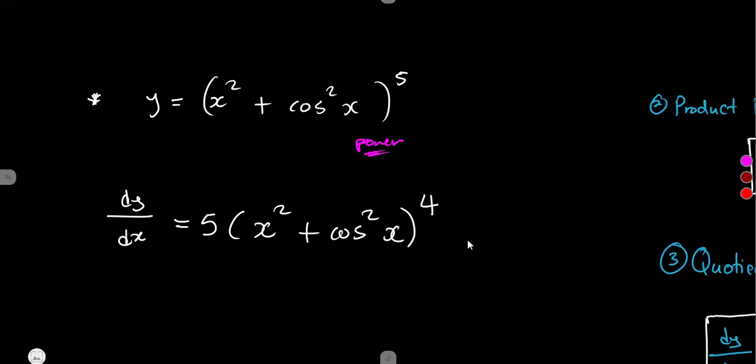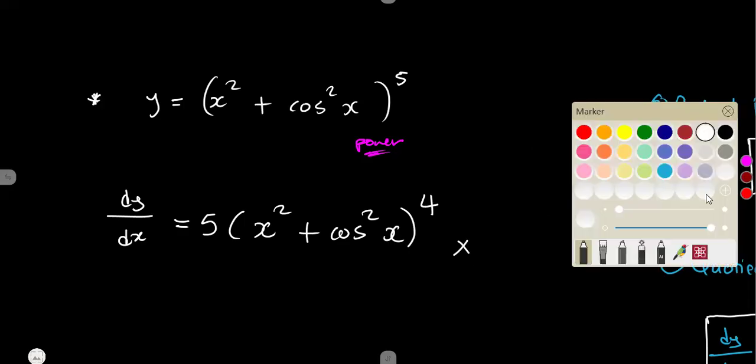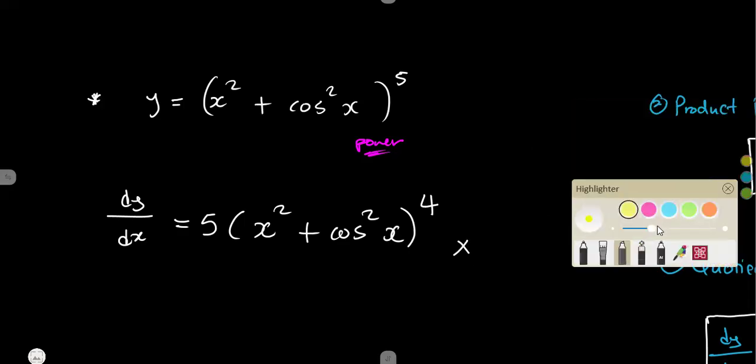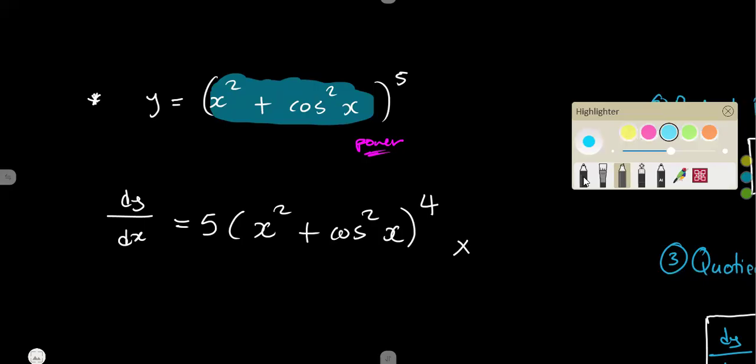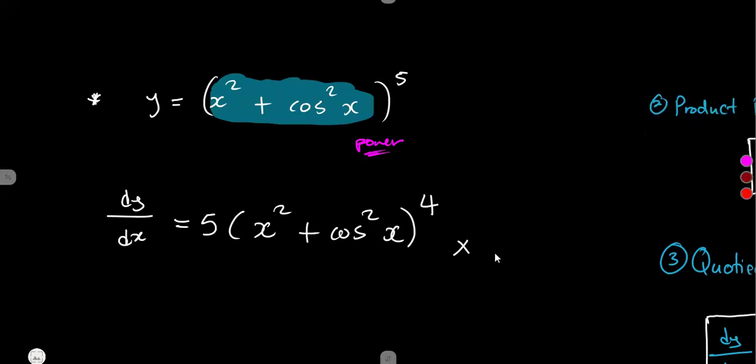Now we are supposed to look into the function that we were ignoring, this one, that is the one that is being affected by that power. We're supposed to look into it and have it differentiated with respect to x. We are going to differentiate what was under the bracket, which is the whole of this.